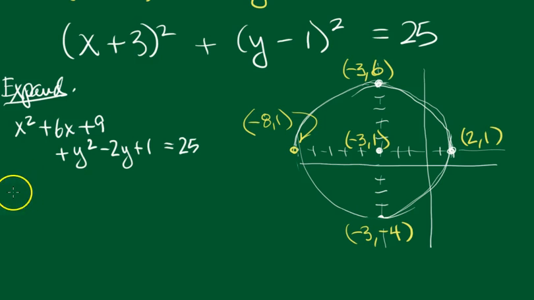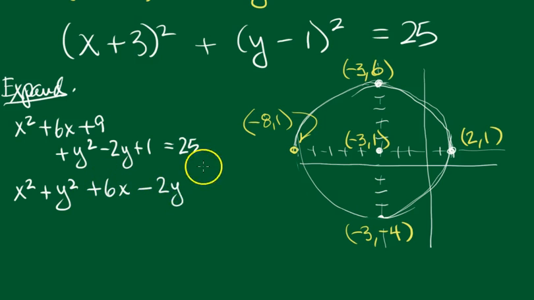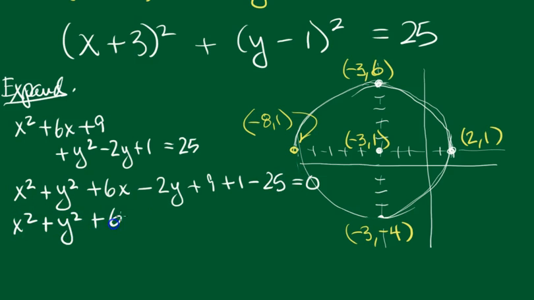Now I'm going to rearrange stuff. So I have x squared plus y squared plus 6x minus 2y plus 9 plus 1 minus 25 is equal to 0. And when I consolidate these constants, I have minus 15 is equal to 0.